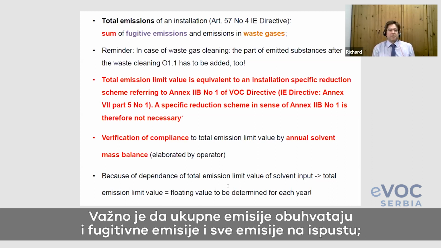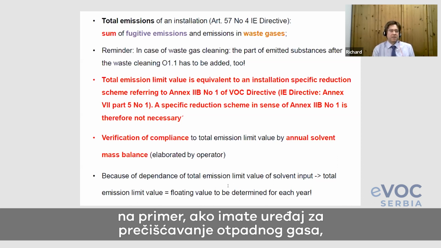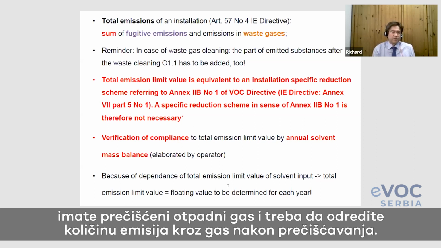Important is that the total emission value includes the fugitive emissions and all emissions in the waste gases. That means, for example, if you have a waste gas abatement and a cleaned waste gas, then you have to determine, of course, the quantity that will be emitted to the atmosphere after the cleaning.